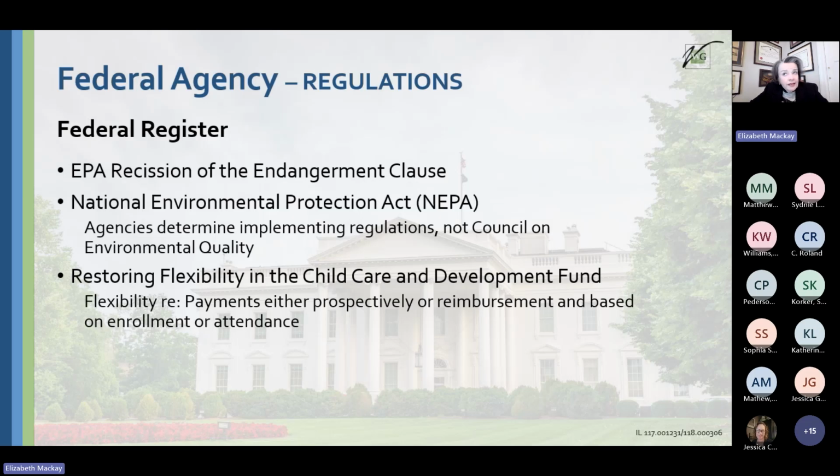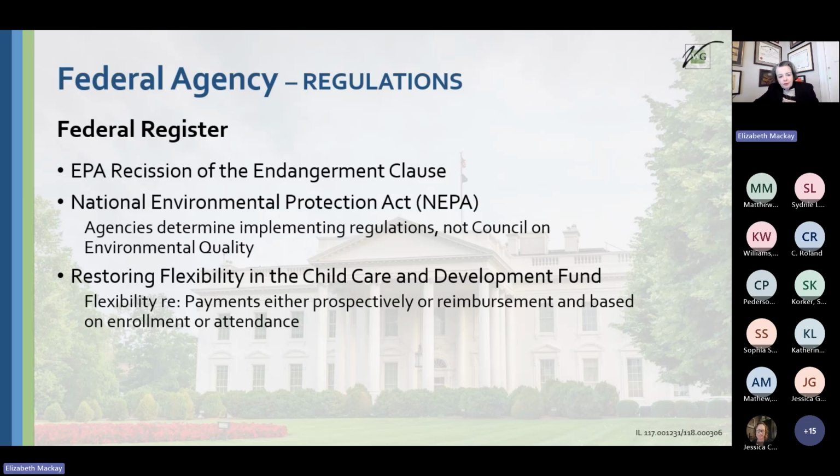And then in our last webinar, I think Mary Beth touched on the Child Care and Development Fund with more flexibility. In two areas we highlight here, it was the case before this rule change that payments to child care providers had to be made prospectively.